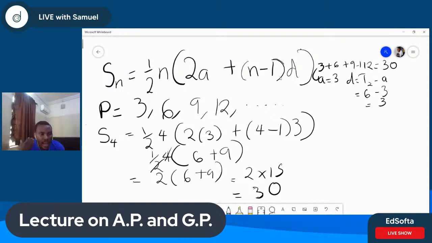So we can just say S30 is equal to half times 30 into bracket 2 into brackets 3 plus 30 minus 1 into bracket 3. And that's all. We compute our answer very easily with the formula rather than start listing all the 30 members of the sequence, then adding them manually. You can see that these formulas make it easier for us to work around arithmetic progression.